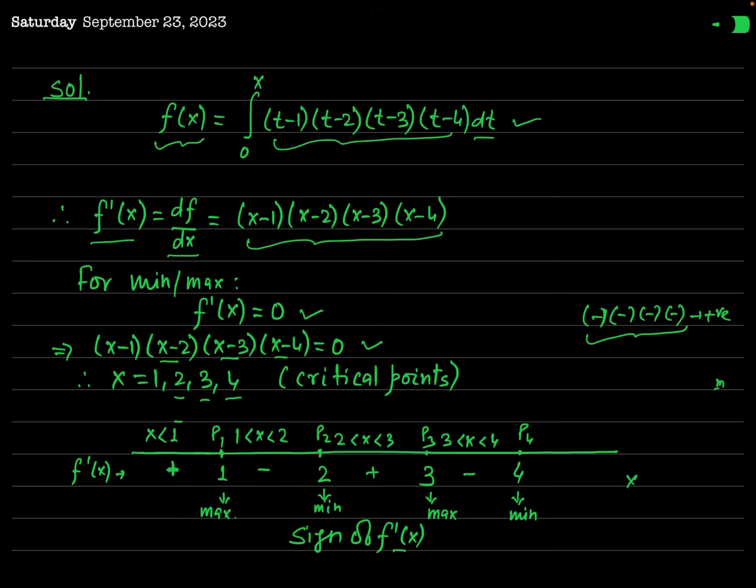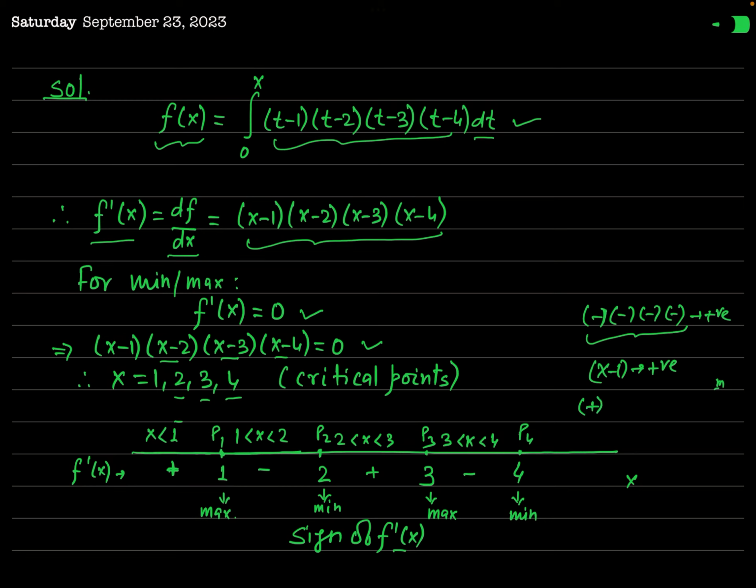Now let us take a value of x which is greater than 1 but smaller than 2. It means you are talking about this region where 1 is less than x and x is less than 2. When x is greater than 1 but less than 2, x minus 1 will be positive. But all the remaining 3 factors, x minus 2, x minus 3 and x minus 4, will in fact be negative.